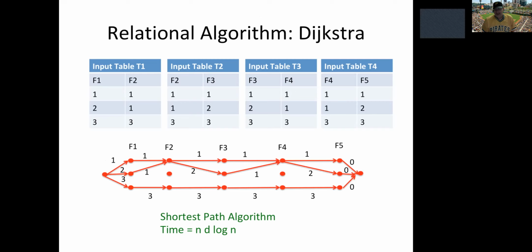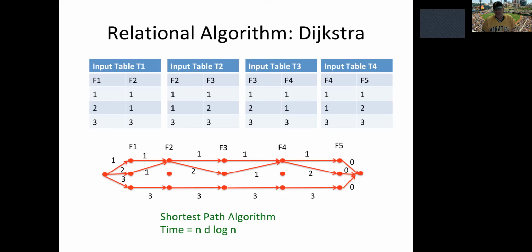But if you think about a problem like finding the point that's closest to the origin, say in the 1 norm, it is exactly the shortest path problem. Given this graph, represented by the tables above, I want to find the shortest path from the F1 level to the F5 level.